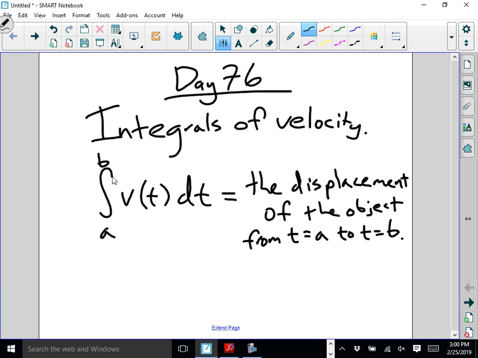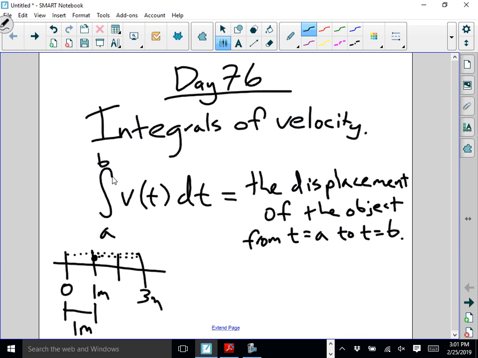Your total displacement then, I'll kind of annotate this. So you start at 0, you walk to spot 3 meters, and then you turn around and go back, and you finish at 1 meter. Your displacement then is 1 meter. You ended up 1 meter to the right of where you started. Your displacement here would be 1 meter.